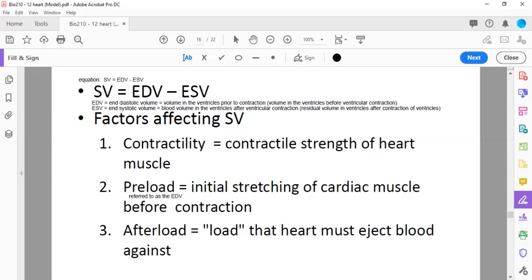The afterload is the resistance that the heart must eject the blood against. Okay.